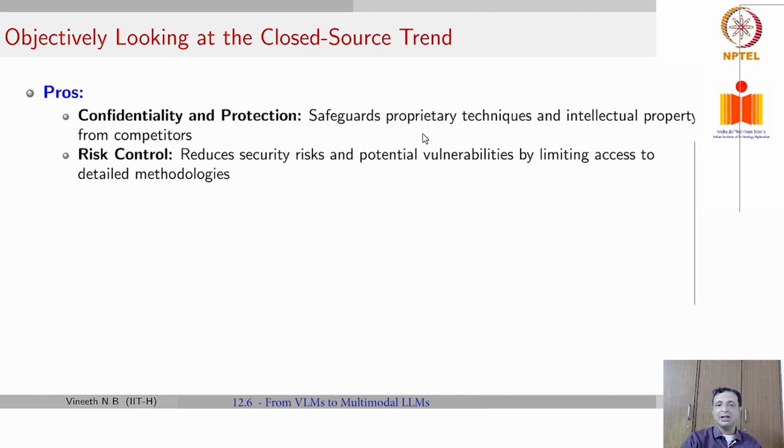So if there are proprietary techniques and intellectual property, it protects them from competitors. It also allows them to mitigate risk. The less the model's architecture is known, the fewer the potential vulnerabilities or hacking of the models and related security risks that could come out of hacking these models.